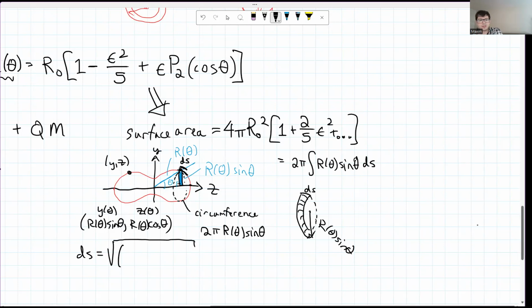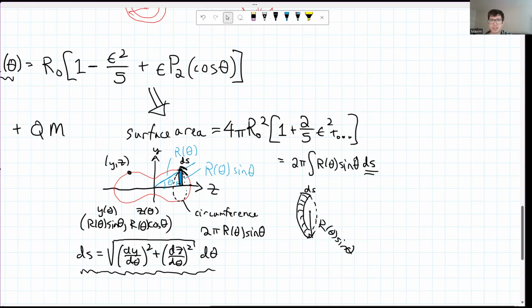Then this just becomes the square root of (dy d theta) squared plus (dz d theta) squared, times d theta. And that's what you have to plug in for ds. Plug it into here, and you get something complicated. But let's try to work it out.